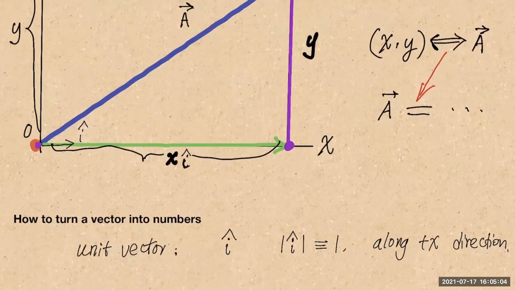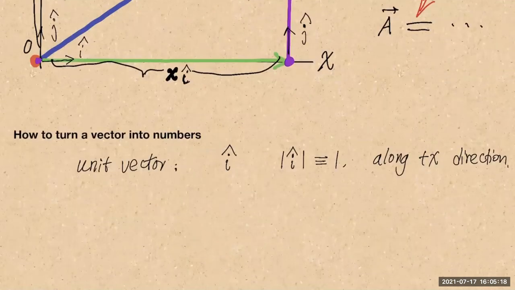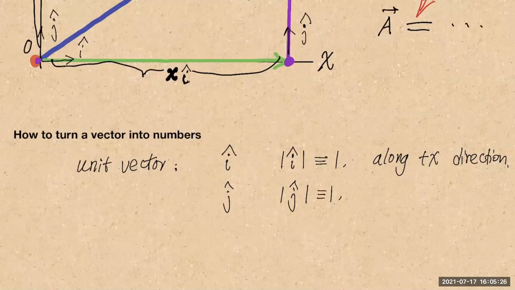In the meantime, I do the same thing in the y direction. I'm going to introduce a unit vector along the y direction, like this, and we call it j. It's the same, if I move it to here, it's the same unit vector j, okay? It's got the same magnitude as i, which is 1 unit. So j also has a magnitude of 1 unit, but it's along the positive y direction.